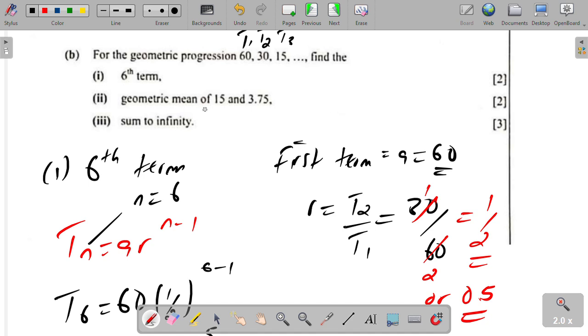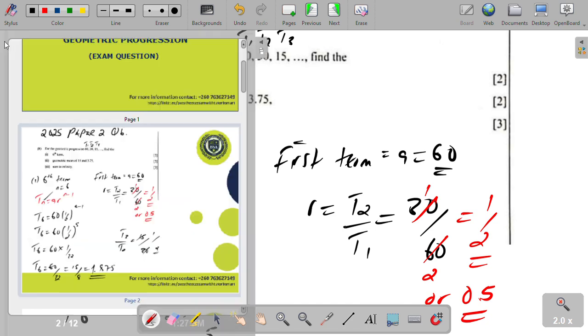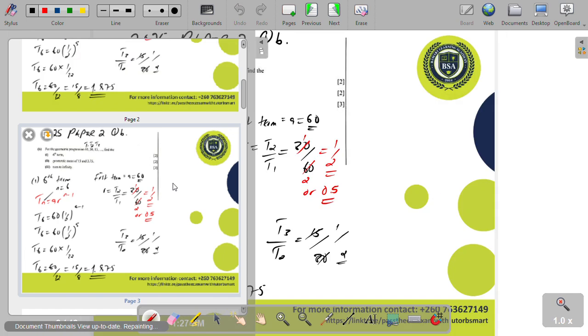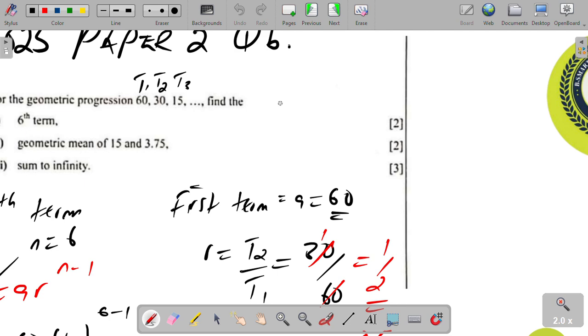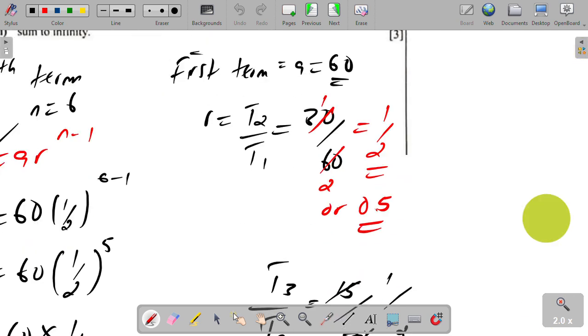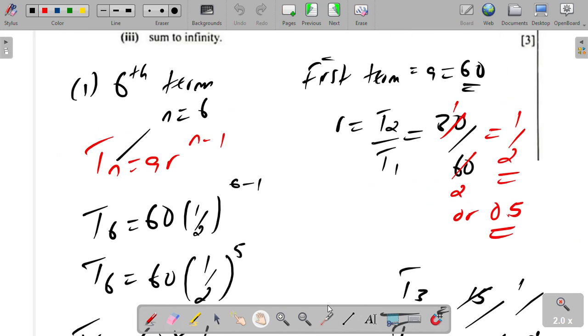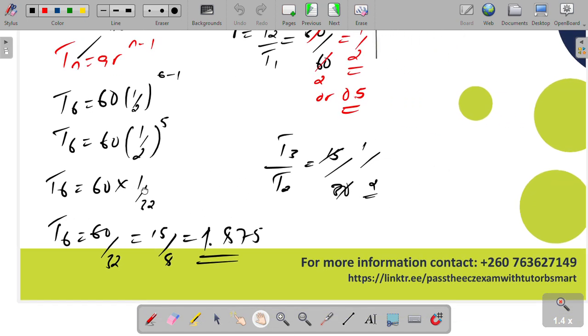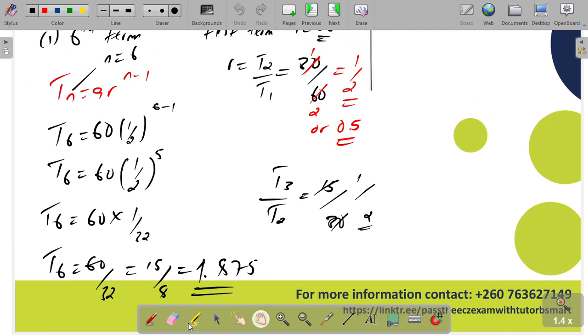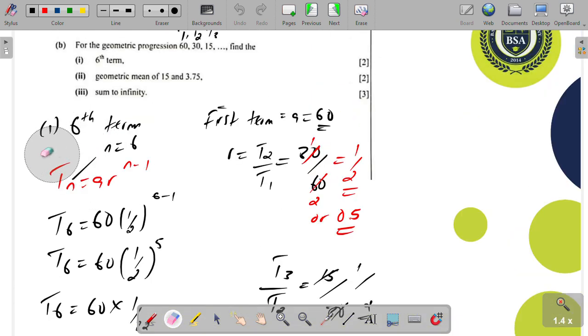Second part of the question, geometric mean of 15 and 3.75. Okay, so I'll use the same board. Let me just duplicate it. Let me zoom out and rub this.